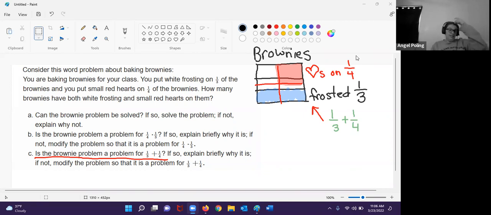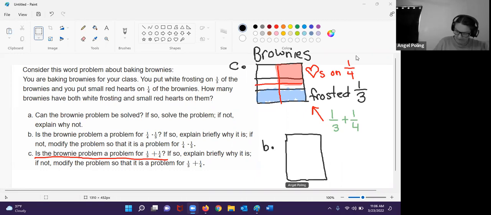It is not clear if there was overlap either. So for part C, we would need this image. And for part B, we would want to frost a third of our brownies.